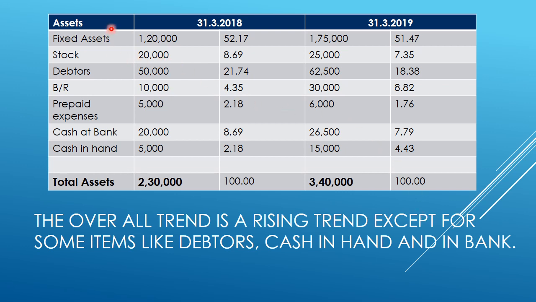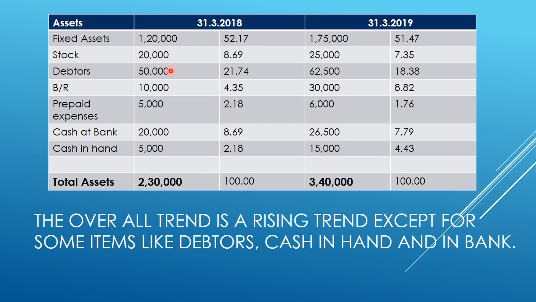What is done? Assets, now fixed assets 1,20,000 out of 2,30,000. If you do 1,20,000 upon 2,30,000 multiplied by 100, you'll get 52.17%. The same thing would be followed for all the components of the assets side for 2018 as well as for 2019.